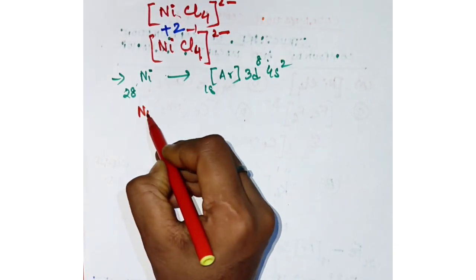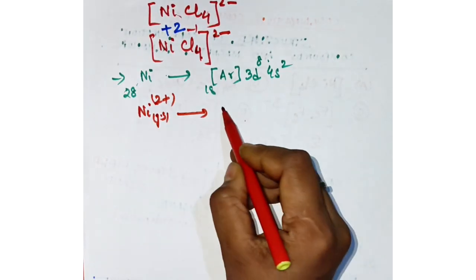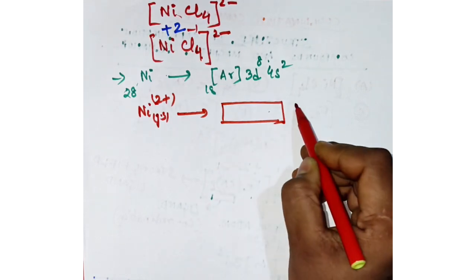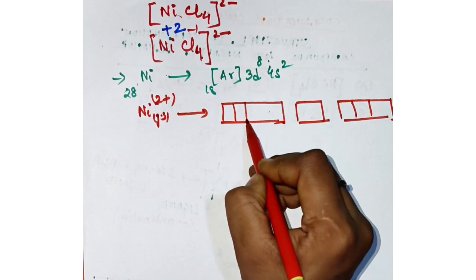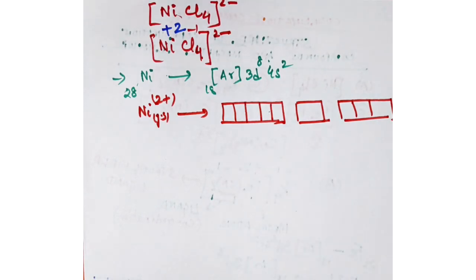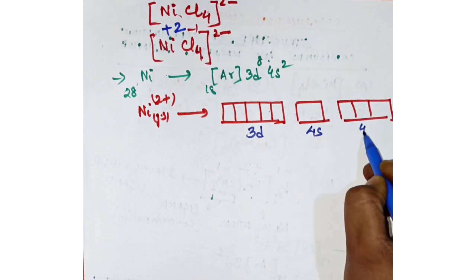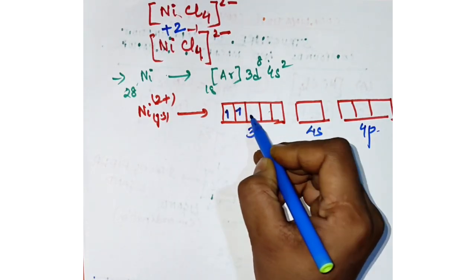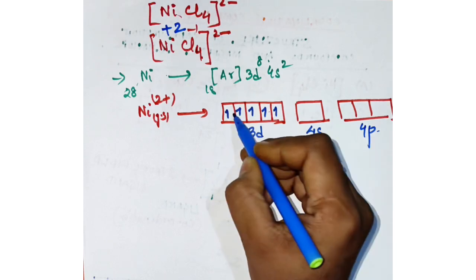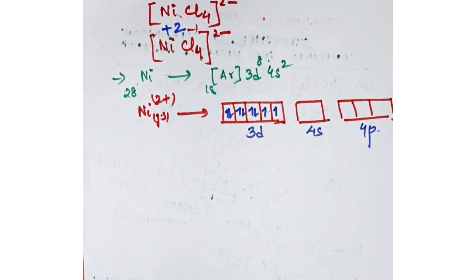Now let me draw the ground state structure of Ni2 plus. If I draw the subshells, this is your 3d, 4s and 4p. How many electrons? 8 electrons. So 1 2 3 4 5 6 7 and 8.